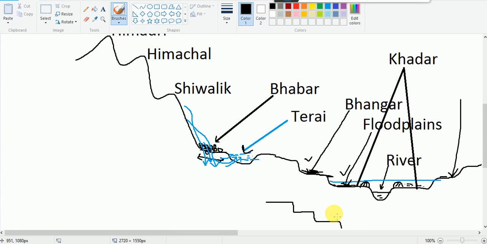This is known as terrace. So here lies the bhangar, and here lies the bhangar, and in the floodplains you'll find khadar, also known as the newer alluvium. And since these floodplains are flooded every year, the soils found here are enriched by the floodwater and hence fertile.